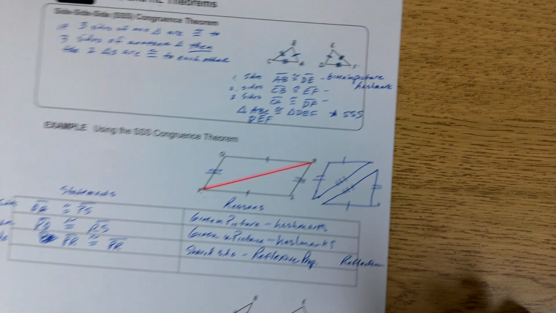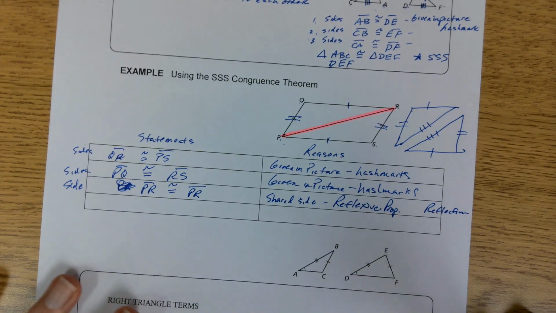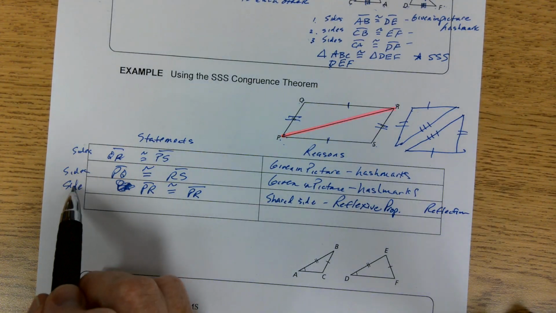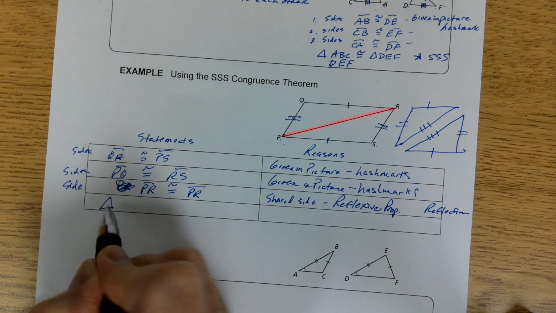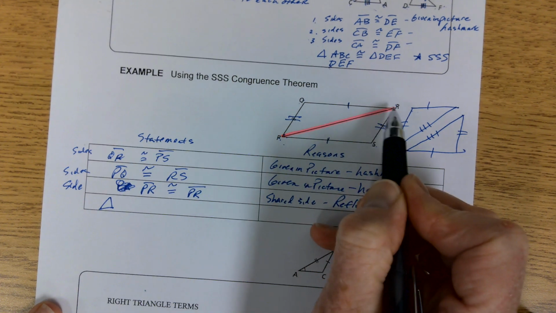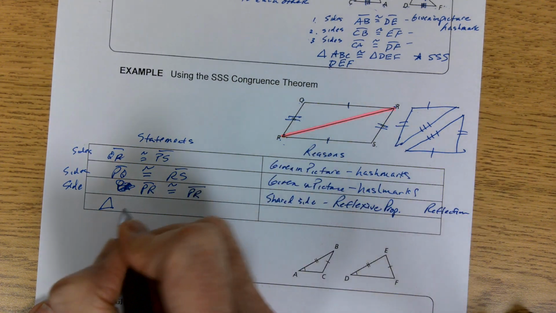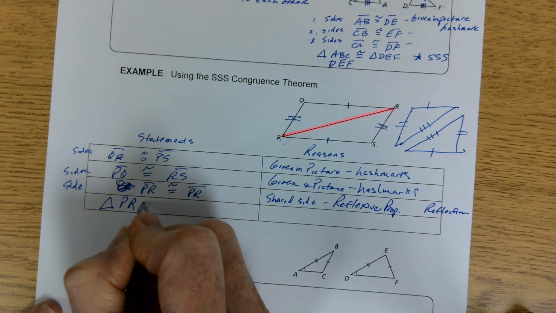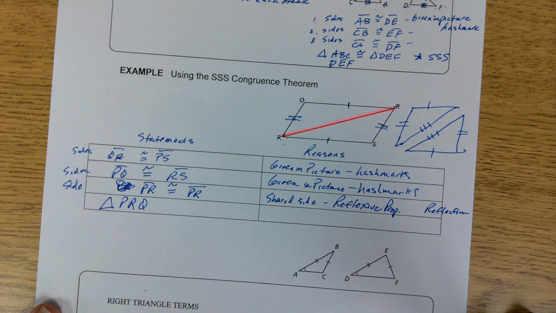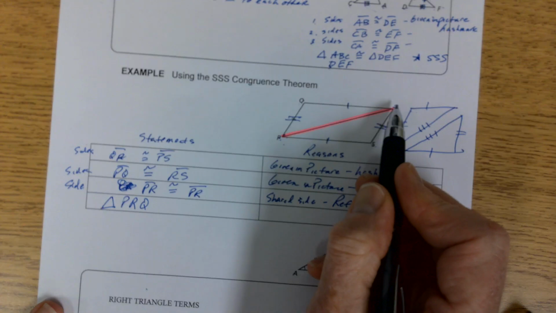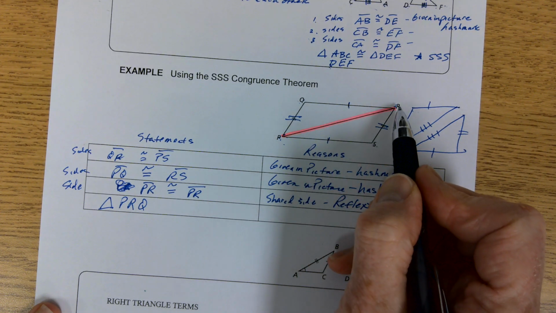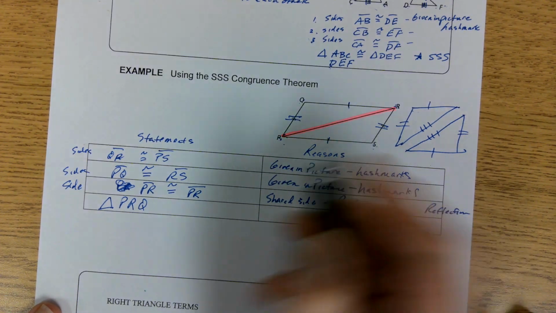Okay, now I've got enough. I could say the two triangles are congruent to each other, 3 pairs of sides. So that means then, triangle PRQ. Now I have to match them up. PRQ matches up with RPS.